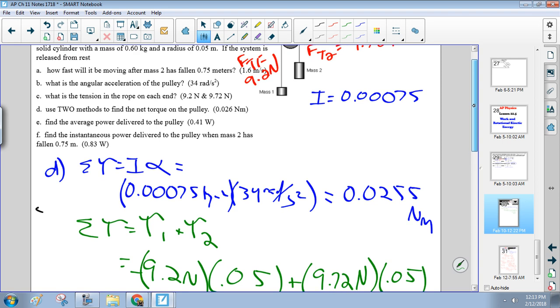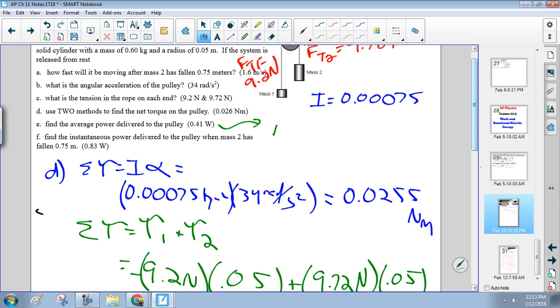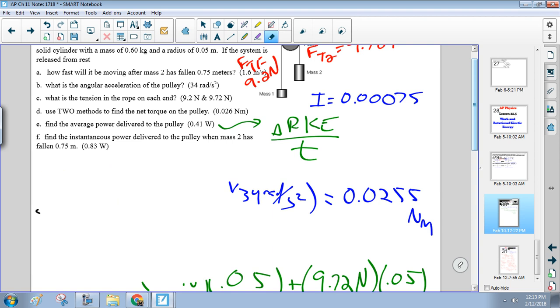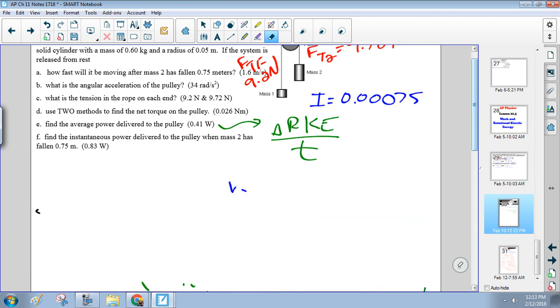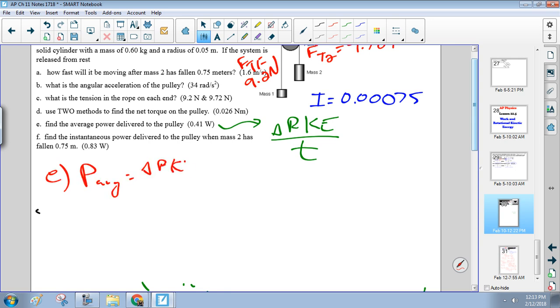Find the average power delivered to the pulley. Well, we just want to find our change in rotational kinetic energy per unit time, just for the pulley. So for part E, it's change in RKE over time.